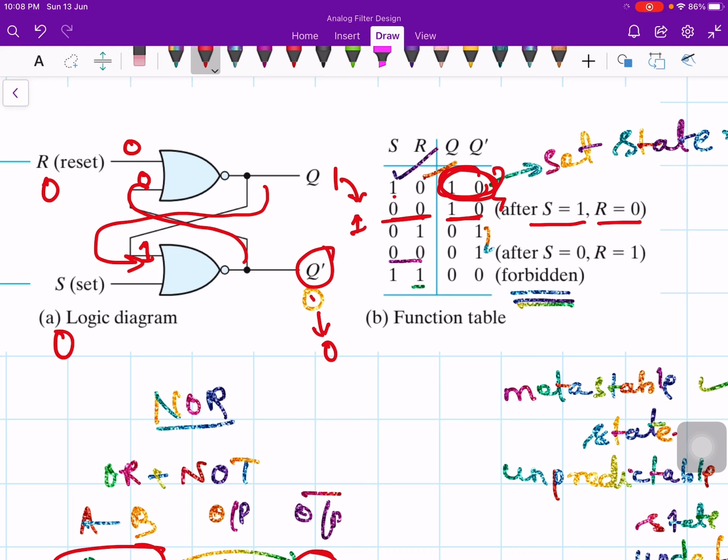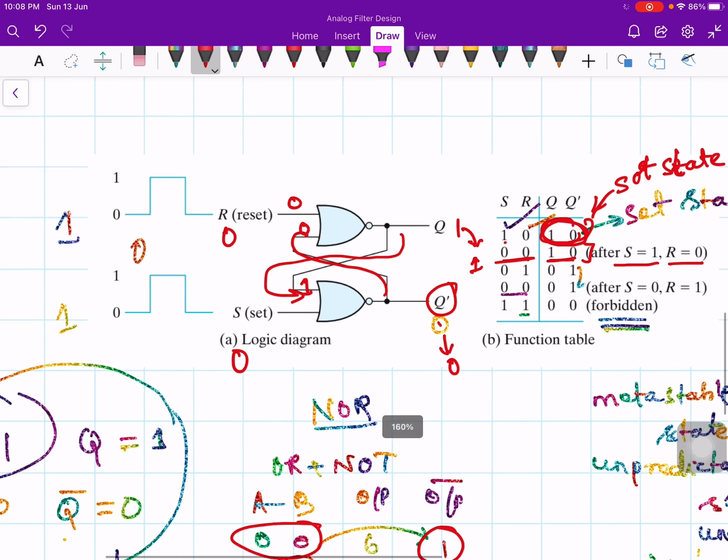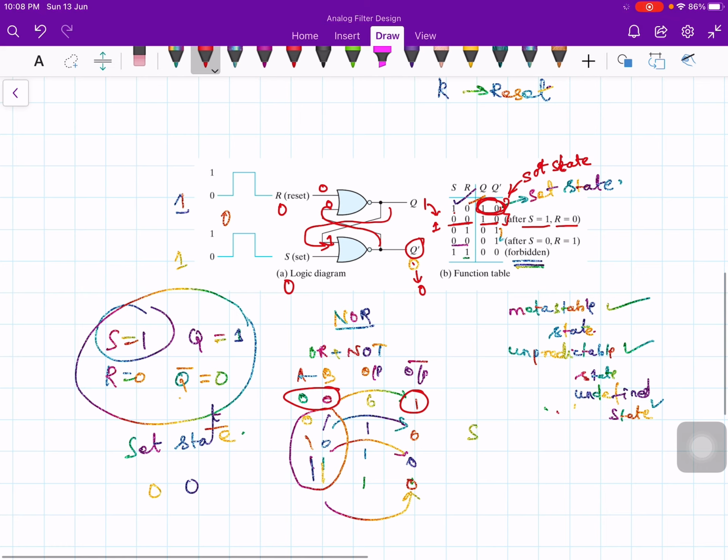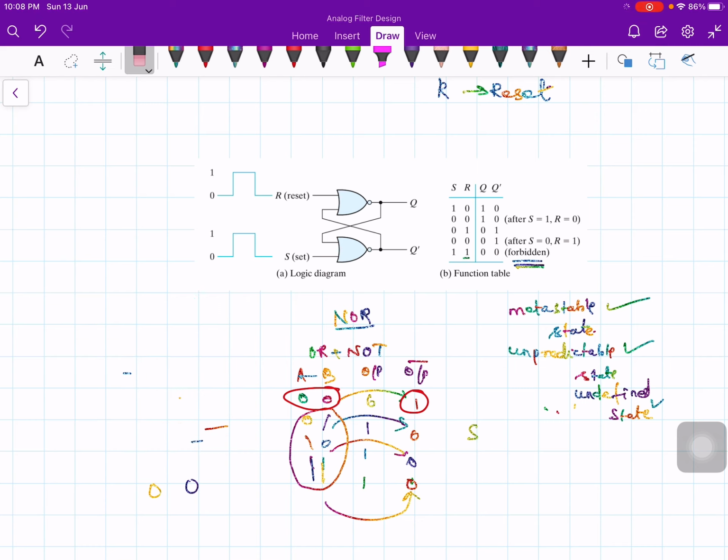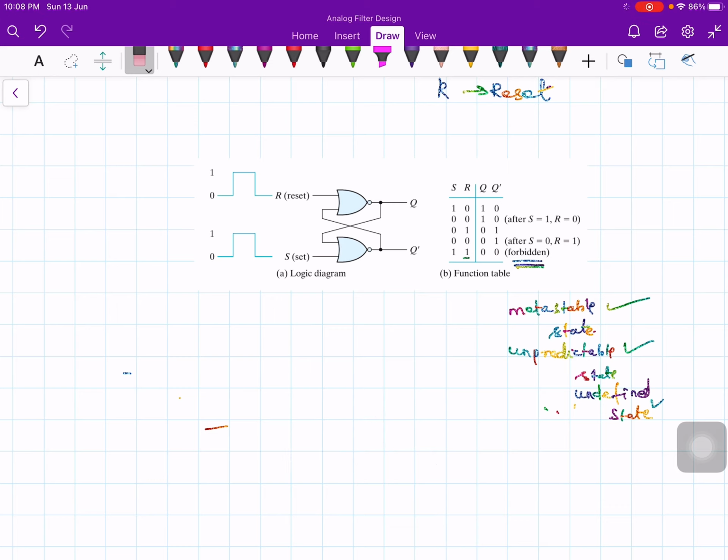So these two are called a set state, set condition. Fine. Now let us apply the next one. If you are not able to follow this, just rewind the lecture and listen again and again. The analysis you have to do properly, otherwise you will get into trouble.